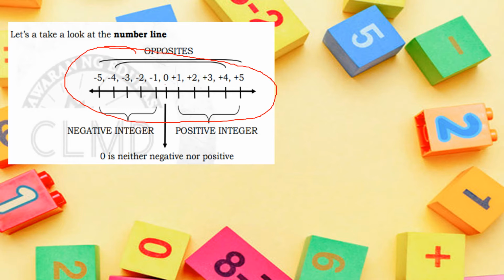So 0 nasa gitna, positive 1, positive 2, positive 3, positive 4, and positive 5. On the right, these are the positive integers. Next, negative 1, negative 2, negative 3, negative 4, and negative 5. On the left side, these are the negative integers. 0 is neither negative nor positive dahil siya ay nasa gitna.